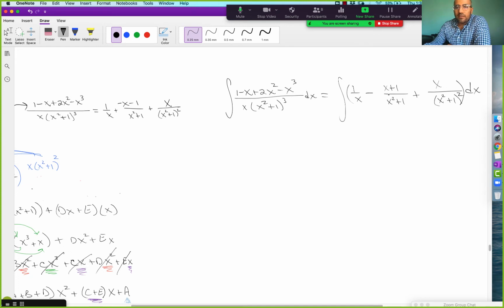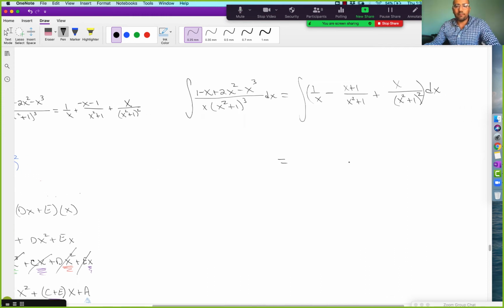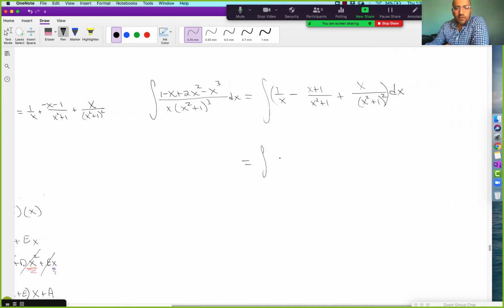I'm going to separate this into 2 separate fractions as well. This whole denominator under the x, this whole denominator under the 1. So I'm going to rewrite this way. This is going to be equal to the integral of 1 over x dx. That's easy to figure out.